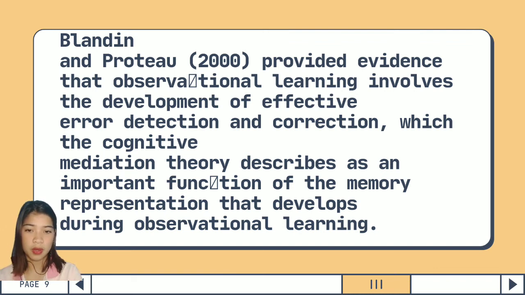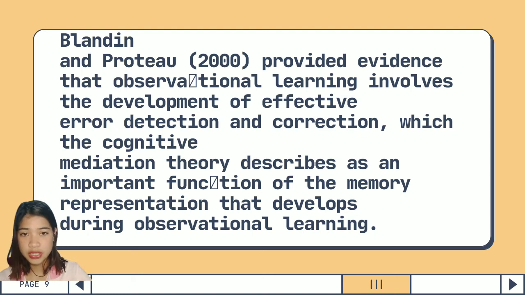In 2 experiments, prior observation of a model permitted learners to estimate their errors as effectively as learners who had physically practiced the task. So there are several studies that support the cognitive mediation theory.